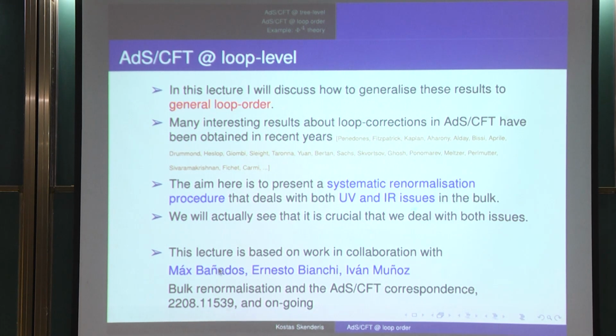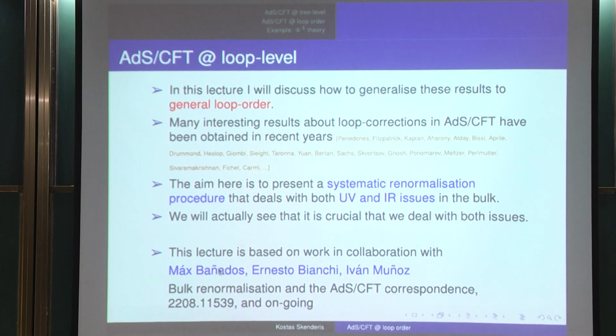So the aim here is to present a systematic normalization procedure that deals with both UV issues. If you start including bulk loops, this means you're going to have UV infinities in the bulk. But of course, you still have IR issues because the space-time continues to be infinite. And you have to deal with both of them at the same time.